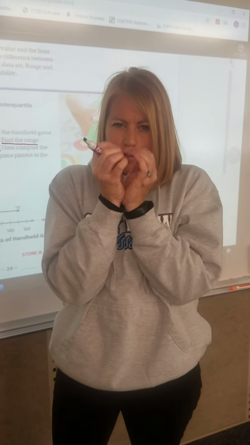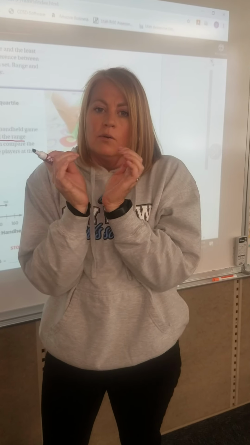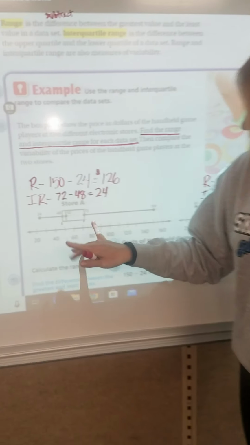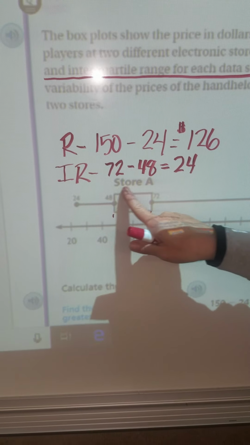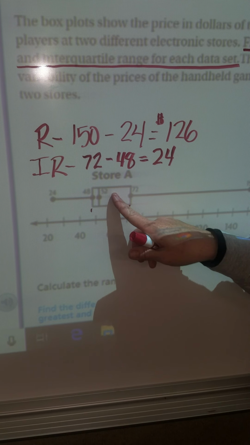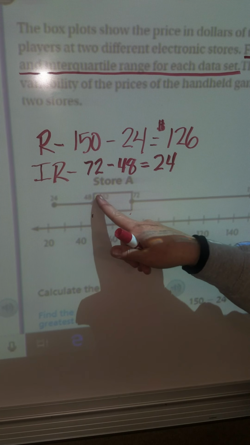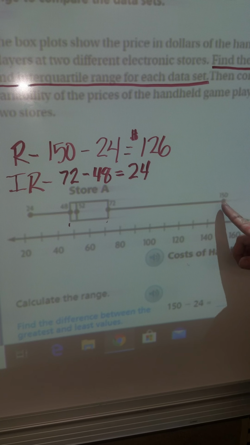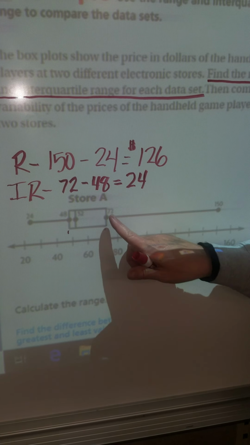When things are super scrunched together, we know that those data values are really close. Because so many of our data values are scrunched here with store A, that means that a lot of their game players cost the same amount of money, except for maybe this one clear up here that's $150. They have one that's a lot more expensive.